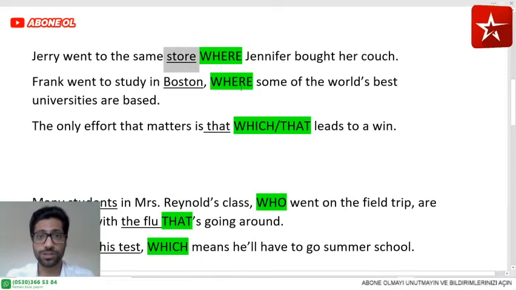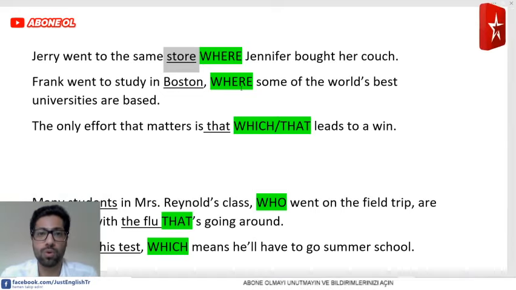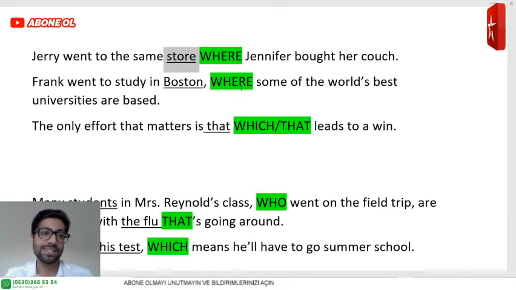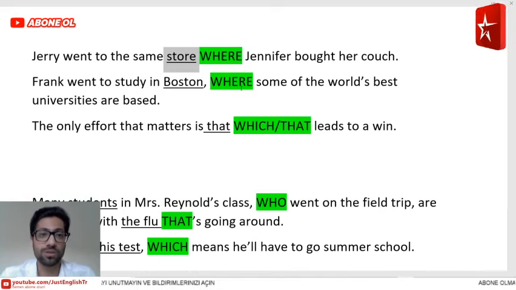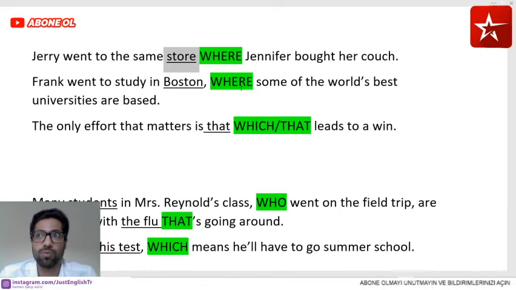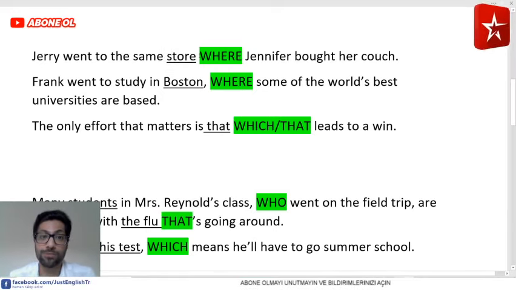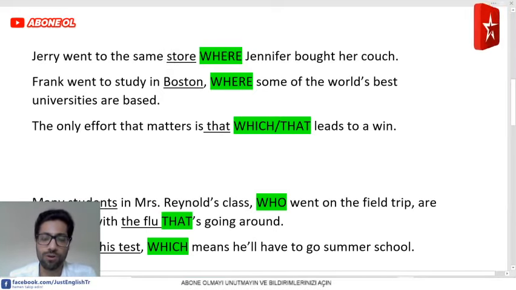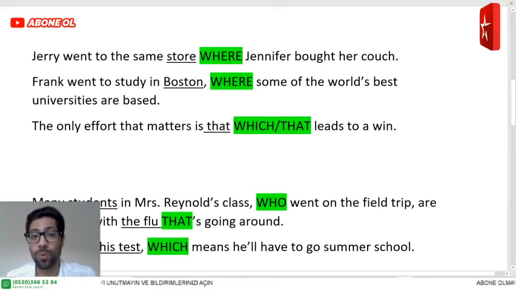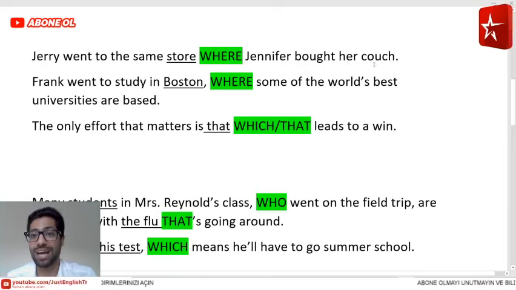It's not defined yet. I don't know which store, what type of store I am talking about. Now, I said Jerry went to the store, to the same store. I was like, okay, which store? So remember, where is for place. We use where for a place. So Jerry went to the same store where Geneva bought her couch.